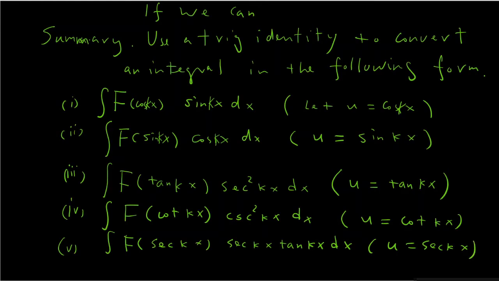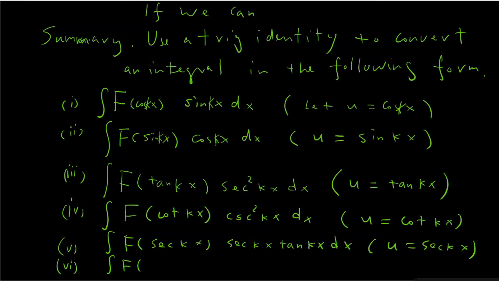You see, we are trying to classify the integrals, and for each class, we are going to talk about what substitution we need to evaluate the integral. Maybe one more class. Now you can guess.